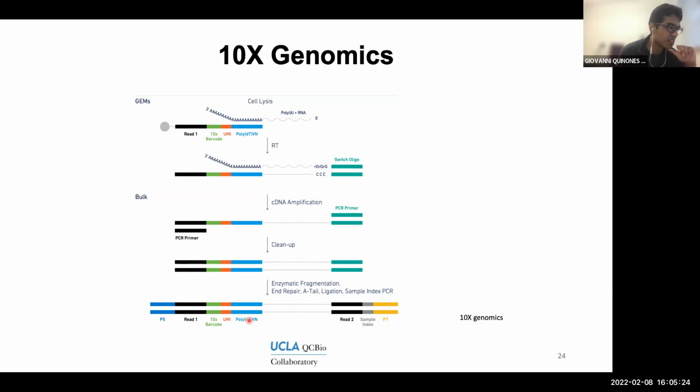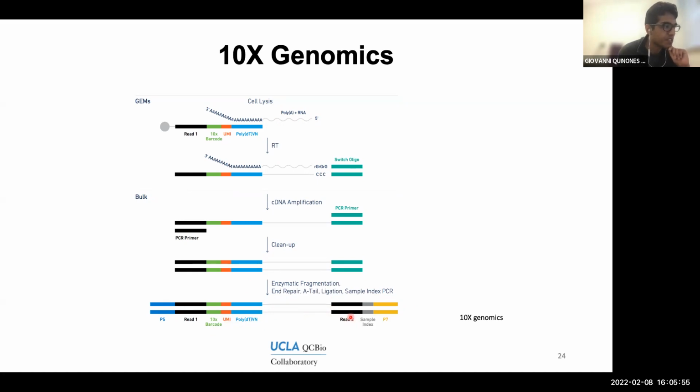And then altogether, this very long sequence will contain your barcode, your UMI, it will contain the poly T that was used to capture the RNA. It will contain the RNA sequence itself. And these read1 and read2 are regions that are used for amplification. So your PCR primers will bind to these read1 and read2 parts.